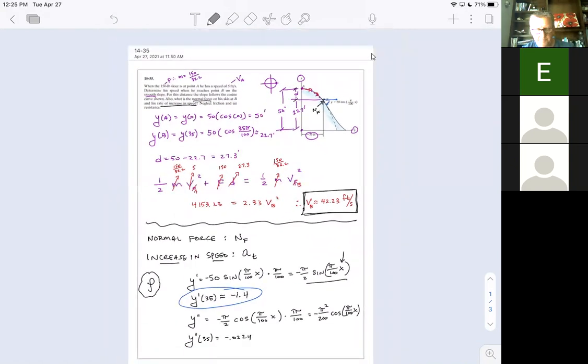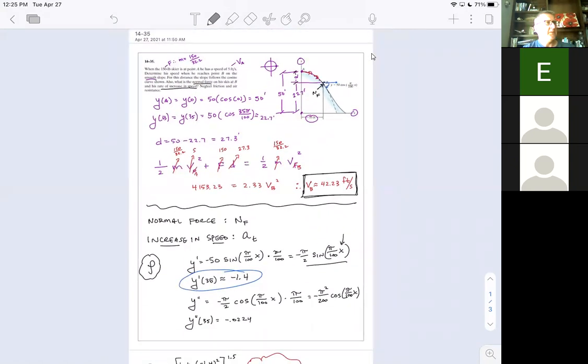Anything you want to ask me about? Wait, you said 13.5? 13.4, you should be able to do right now. Aren't we on chapter 14 now? Yeah, did I say that wrong? 14.3, yeah. I'm sorry, I looked at the wrong thing. I was looking at the previous section.